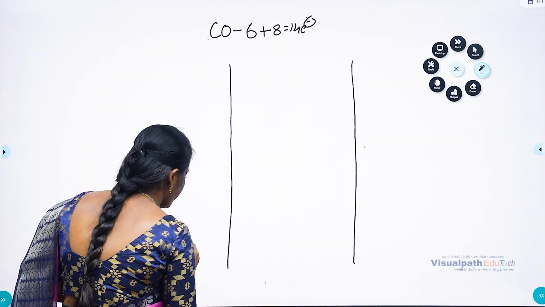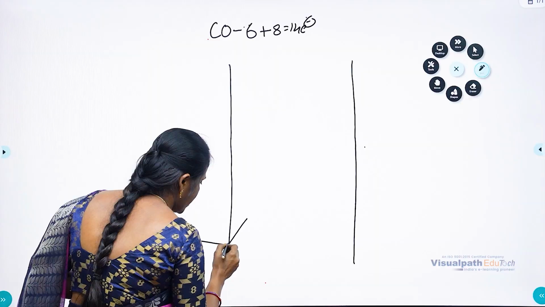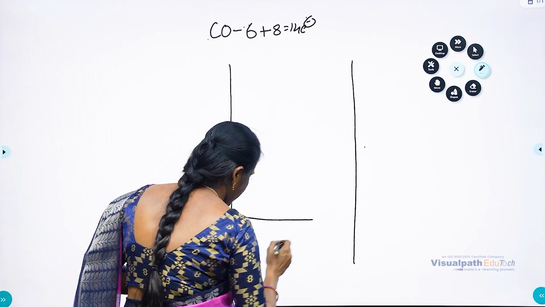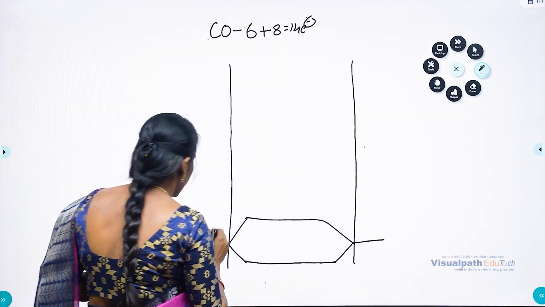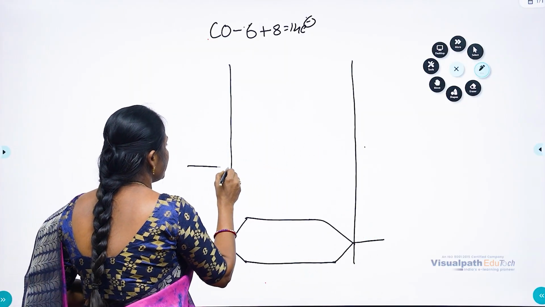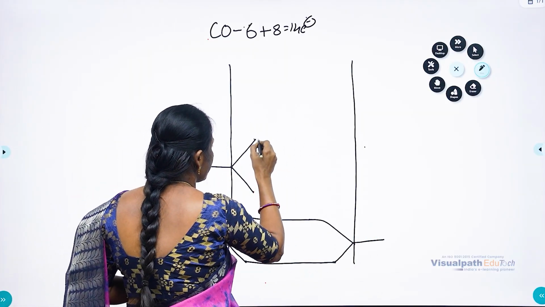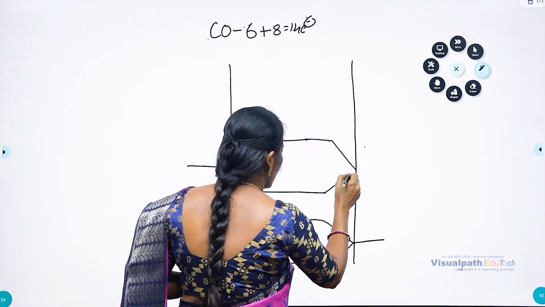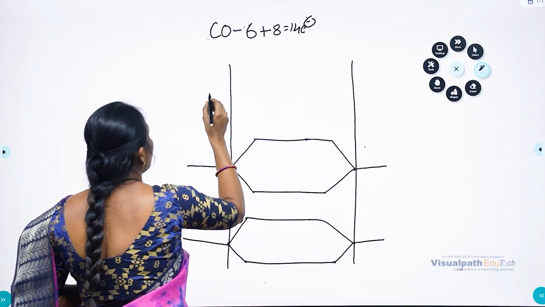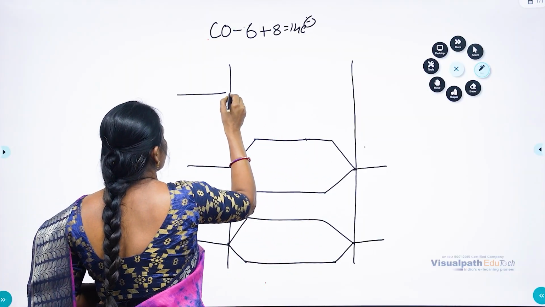First, we go to lower energy levels. It is the 1s, and next is the 2s, and next is the 2p.